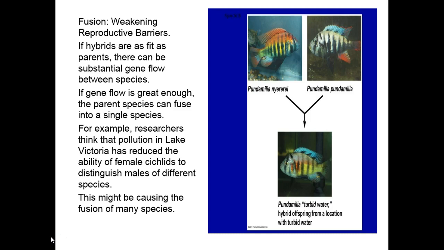We do see this with the cichlid fish in Lake Victoria, where males of different species are distinguished by color. At the top you have two different species of these fish, one with more orange at the top and one with blue at the top, and then you have very much a mix of the two in the fusion at the bottom. So fusion may cause a new species.